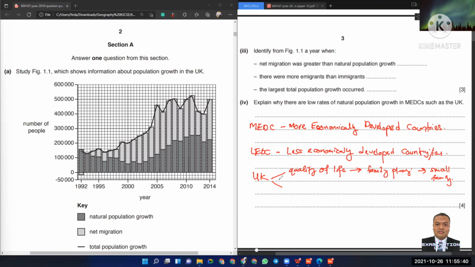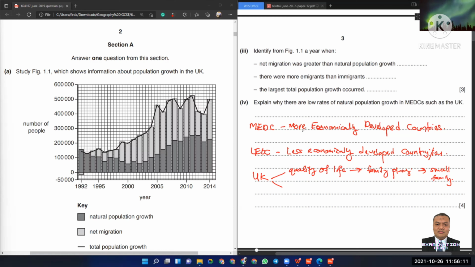And then the next one here, you need to remember that women are educated. Women are educated most in these MEDC countries, which means that they might get married later in life, maybe at the age of 40 or 50s, at which time they might not be as fertile as when they were a young lady. Therefore, it also affects the birth rate.